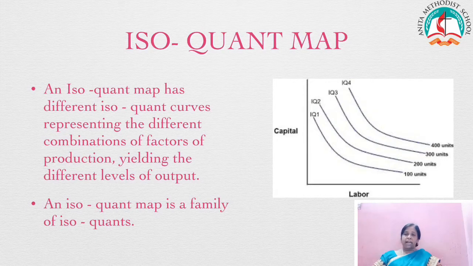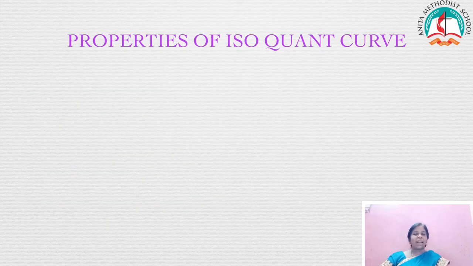And this is called the isoquant map. In other words, an isoquant map is a family of isoquants. In short, if more than one isoquant is drawn in a diagram, it is called an isoquant map.